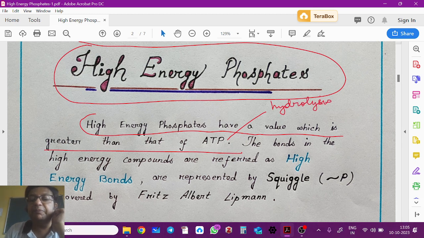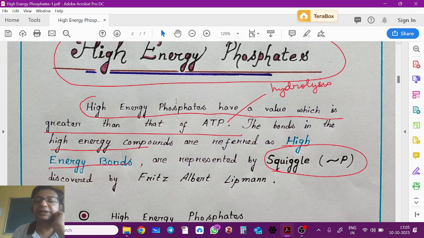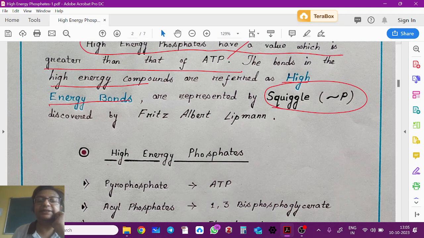The bonds in the high energy compounds are referred to as high energy bonds, and they are represented by a squiggle. The squiggle is this sign. Lippmann was the first person who classified these high energy bonds and their importance.